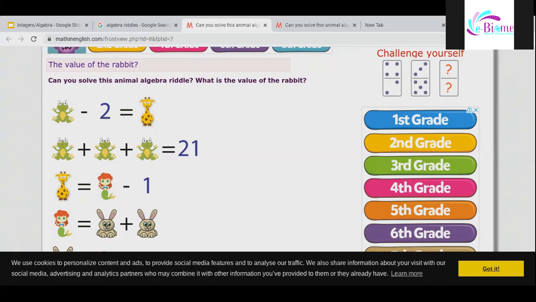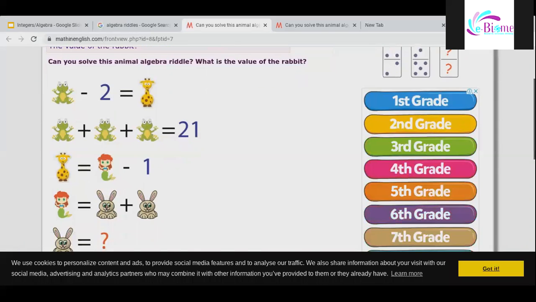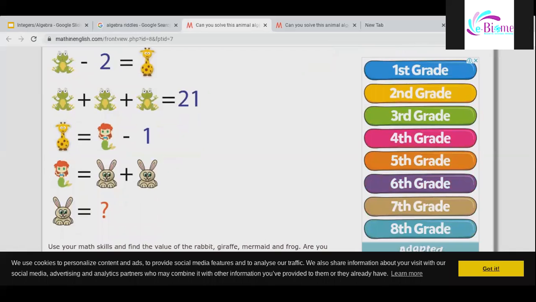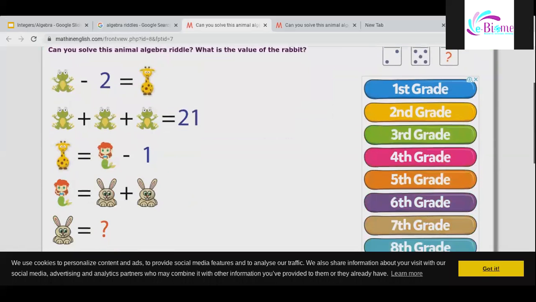A frog plus a frog plus a frog is equal to 21. A giraffe is equal to a mermaid minus 1. And a mermaid is equal to a rabbit plus a rabbit. What is a rabbit? Anyone want to try and solve that?